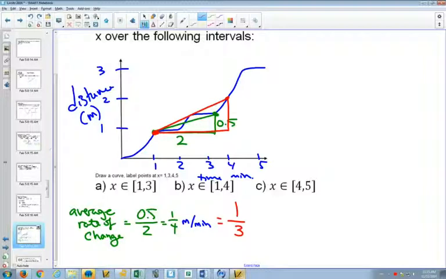The bus is really moving. 1/3 of a meter per minute. But if we would look at from 4 to 5, wow, 1/1 meters per minute.